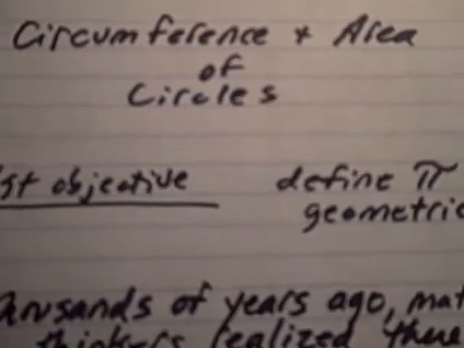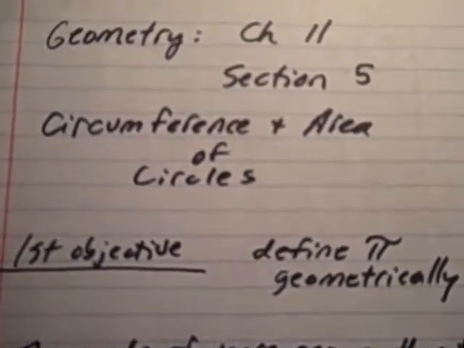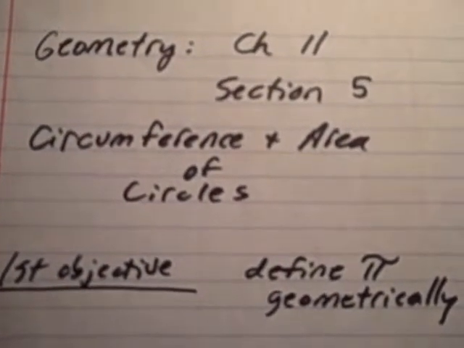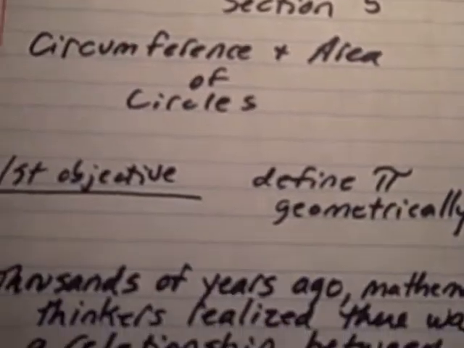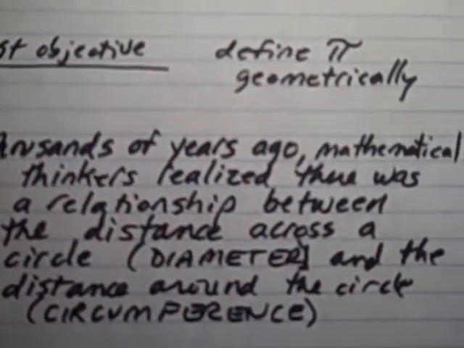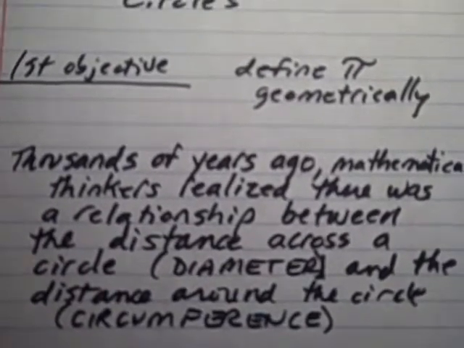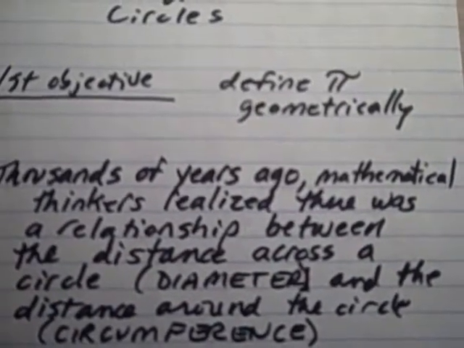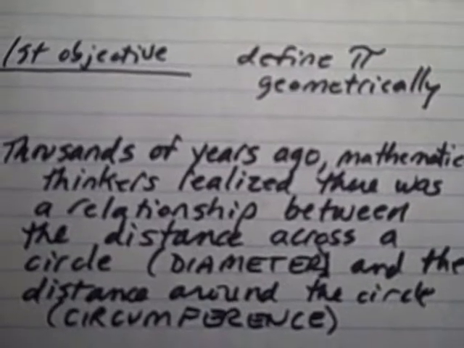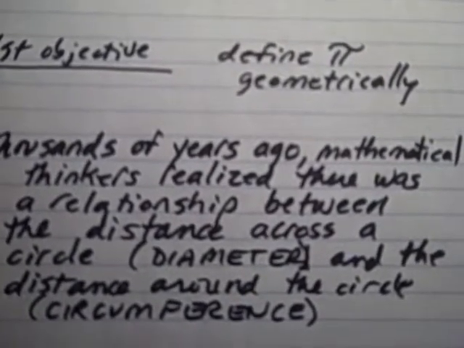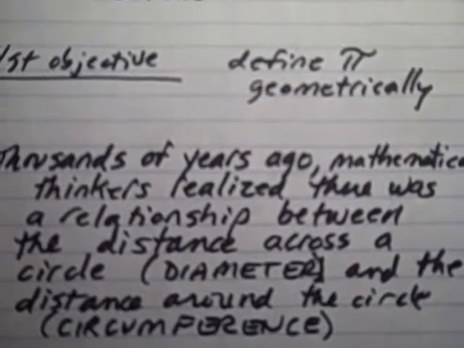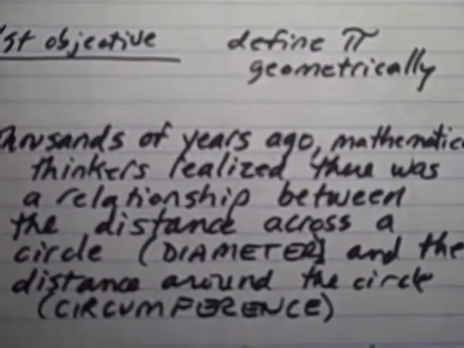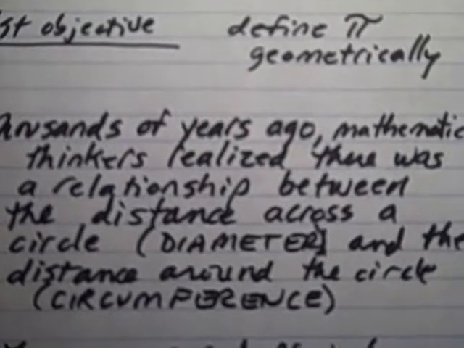So here we go. First objective, define pi geometrically. There are other ways to define pi besides this. But a brief history: thousands of years ago, literally before Christ, there were mathematical thinkers who realized that there's a relationship between the distance around a circle and the distance across the circle.